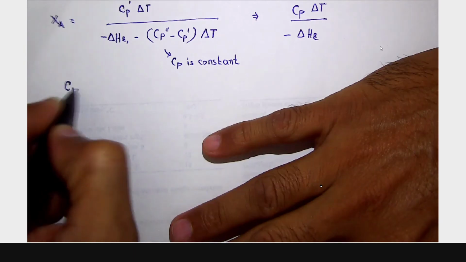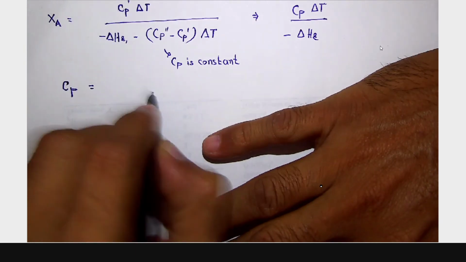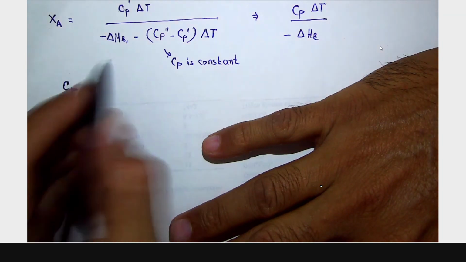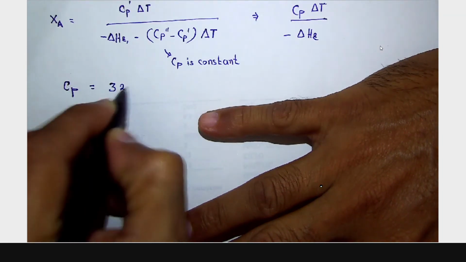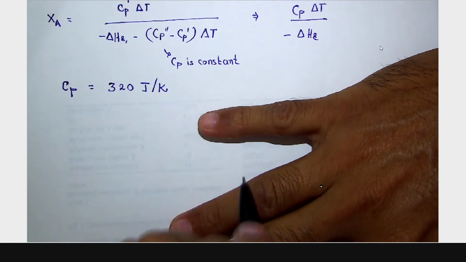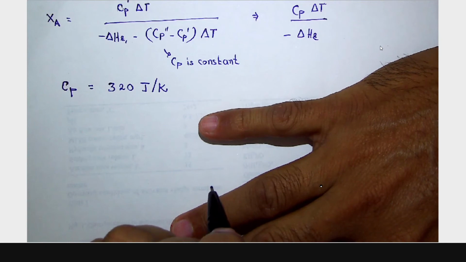There are 8 moles in the feed, so it will become 320 joule per Kelvin. Delta HR is 80,000.